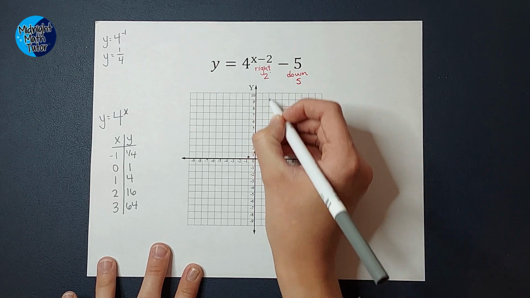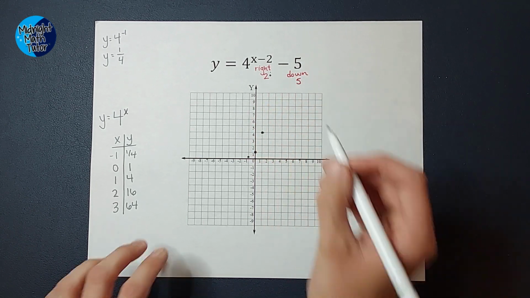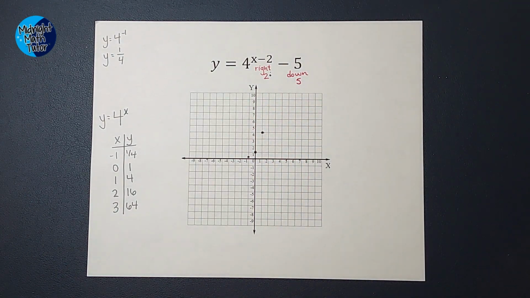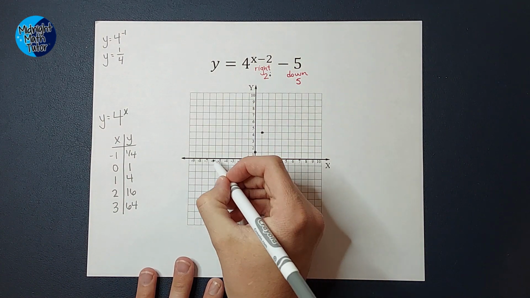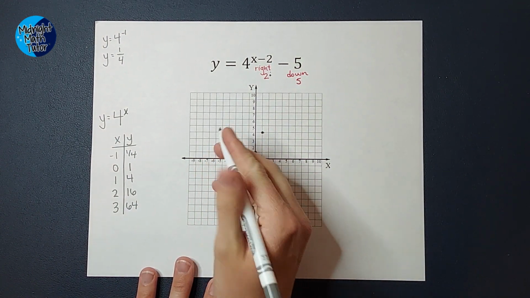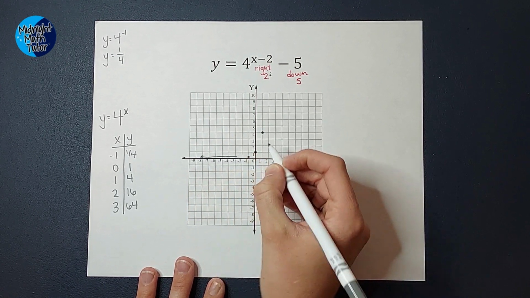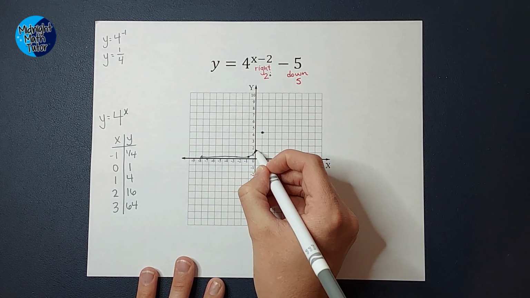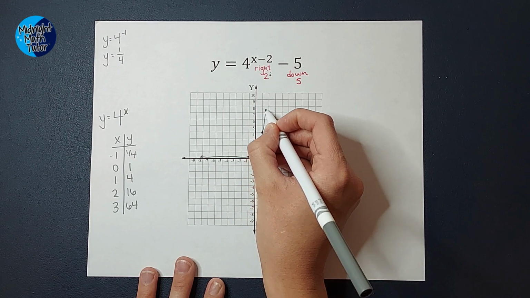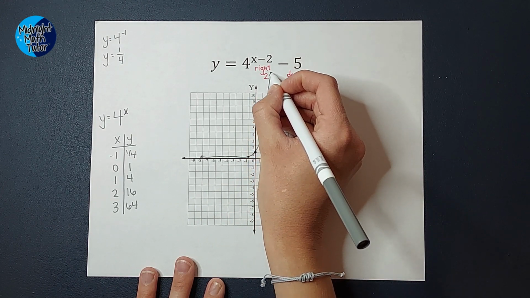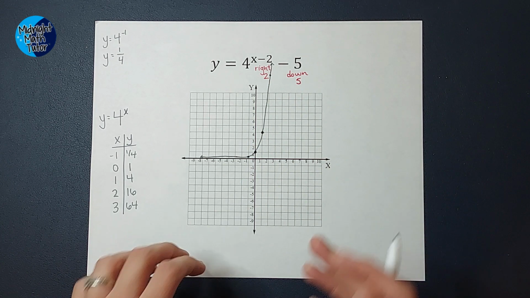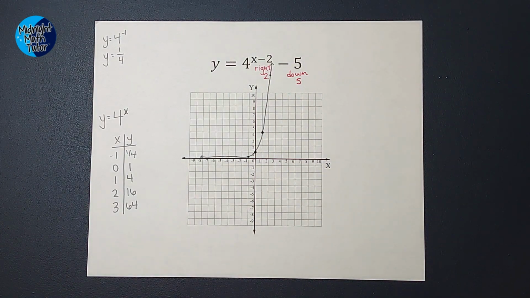Oh wait, no, probably a little further down. I don't know. We'll pretend right there, okay? So it doesn't have to be perfect. We just know it gets steep pretty fast, right? Also, my graph is going to get closer and closer and closer to 0, but never actually touch it, and pretend like I can draw this very well. And then we just know it gets steep real fast, right? It's going to look a little something like that.